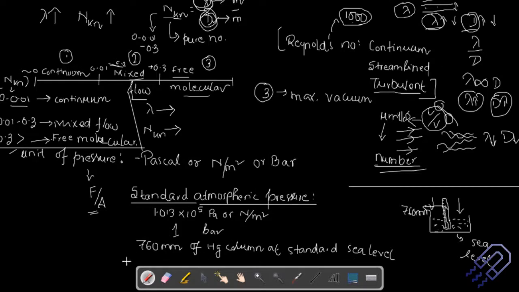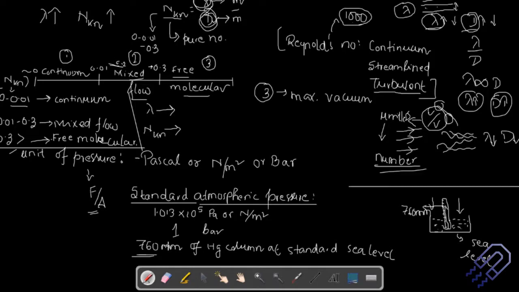It is 760 millimeter of mercury at sea level. It will be lesser wherever we are right now, maybe in Assam, Nagaland, Mizoram or Meghalaya. It will definitely be less, not more. So this is what atmospheric pressure is all about.